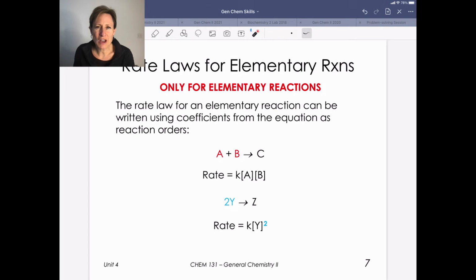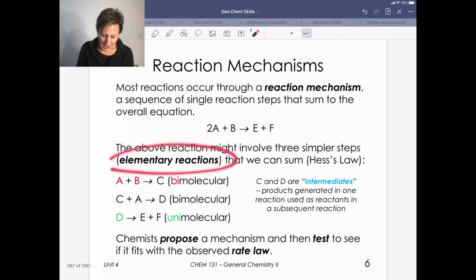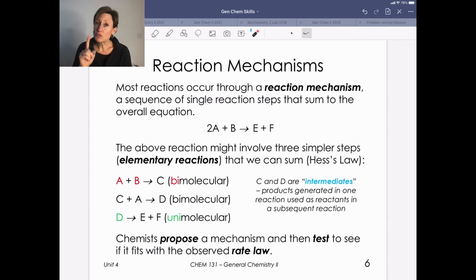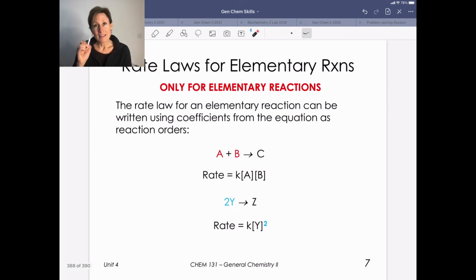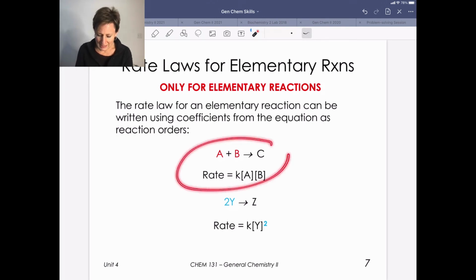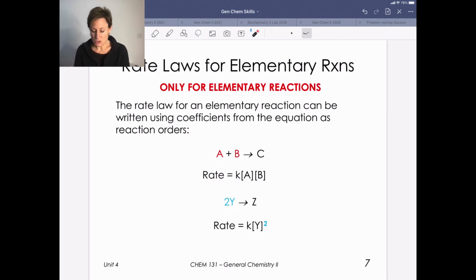Well, I knew this was coming here, but when we are doing this thing with reaction mechanisms and we have these single reactions, these simpler steps that we call elementary reactions, if you know that it is an elementary reaction or an elementary step, then the coefficients can become exponents in your rate law.